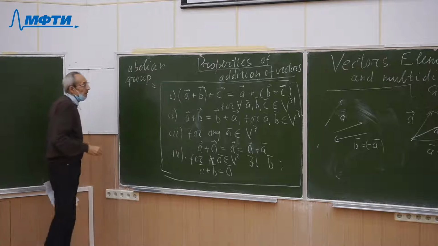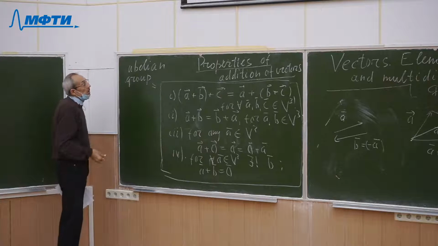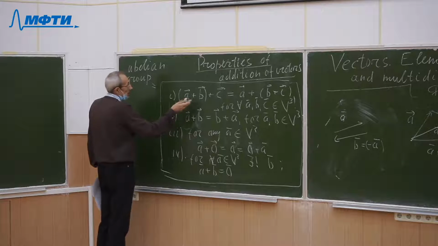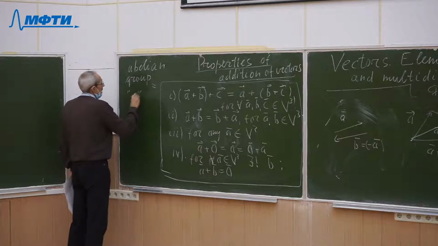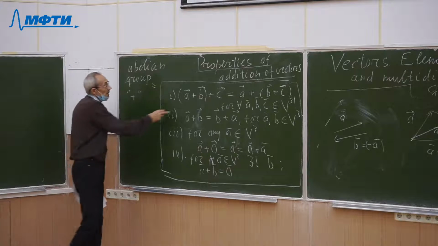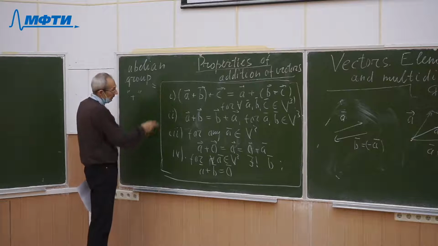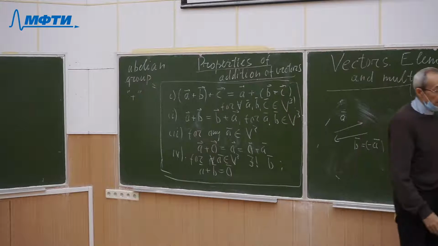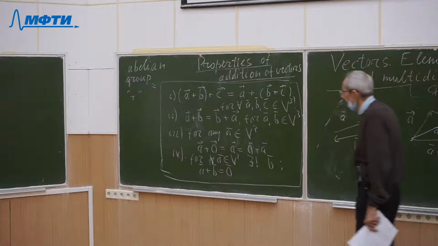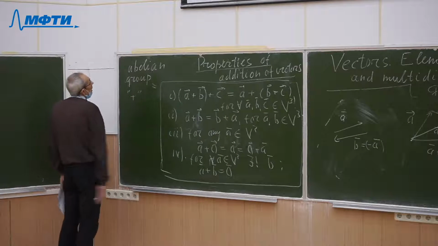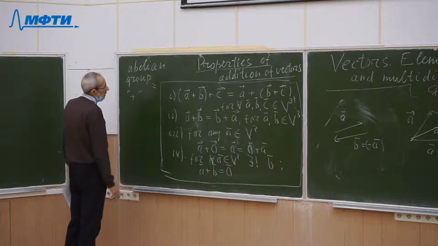More precisely, an abelian group is a set with some operation, which is denoted by the sign plus, and this operation satisfies the following properties. It is an ordinary axiomatic way of defining algebraic objects, and some algebraic objects are called abelian groups.